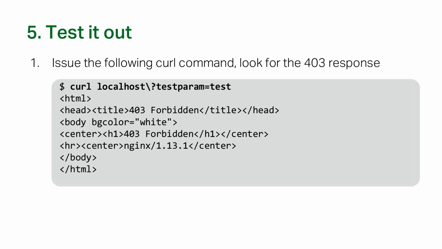Issue a request with a query string with an argument called testparam and a value of test, and you can see that we're receiving a 403 Forbidden response. This response is being generated by ModSecurity because the rule that we added has been triggered by this particular request. The action was then to generate a 403 response.